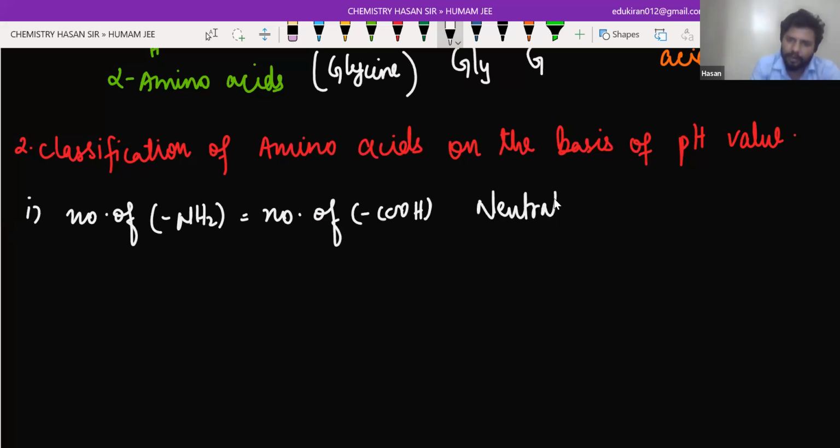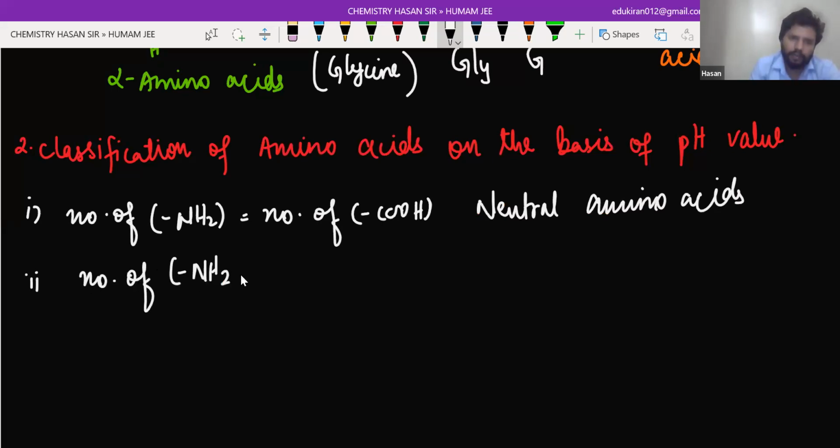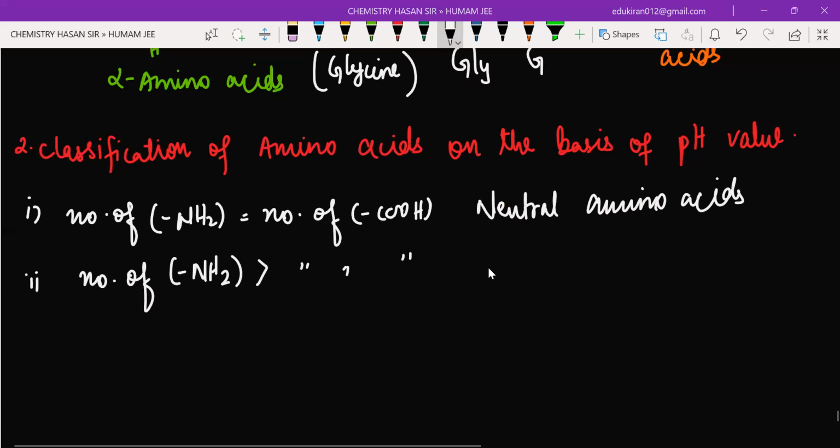neutral amino acids, pH almost equal to 7. If the number of NH2 groups is greater than the number of carboxylic groups, then it is a basic amino acid.